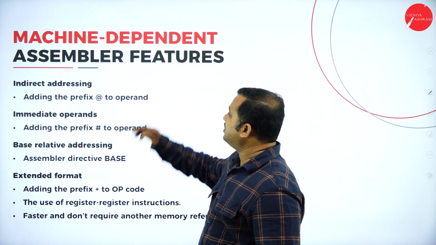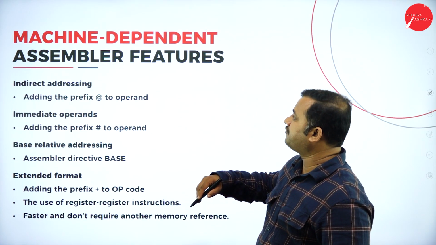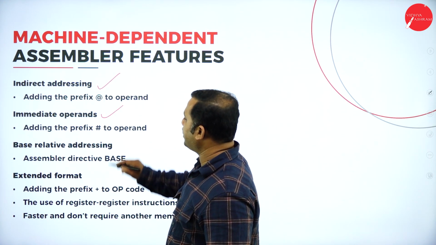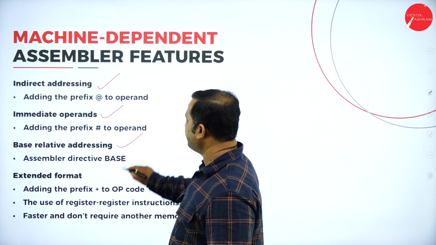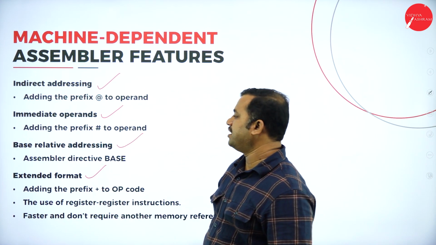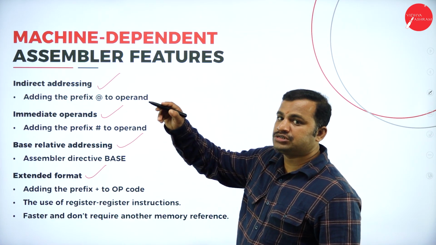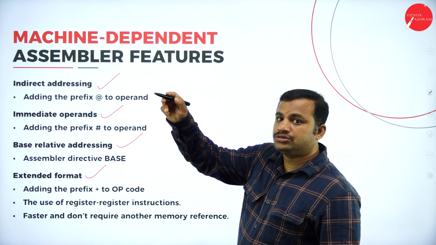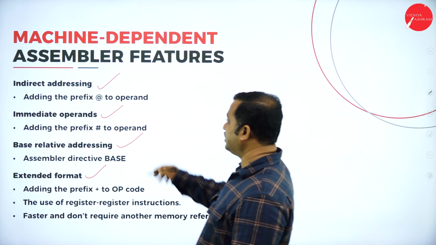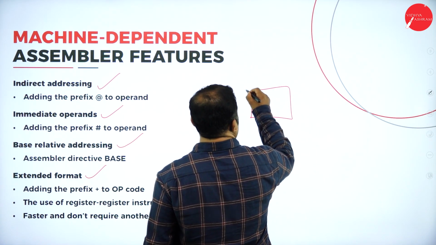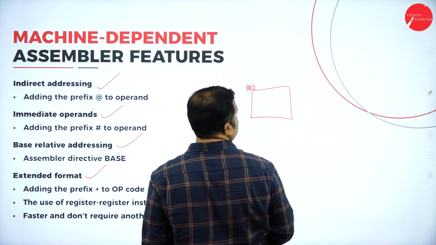Then we have the machine dependent assembler features like indirect addressing, immediate operand addressing, base relative addressing, then extended format addressing. In the case of indirect addressing, we use the address through the index of that. Say 1000 is the address of this location.